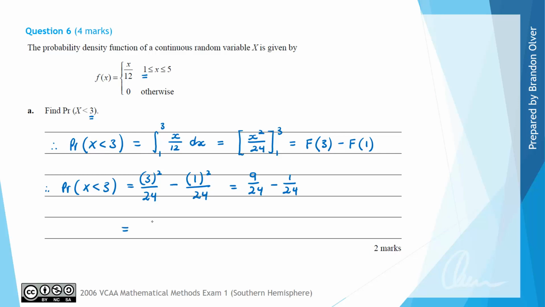That is equal to 8 over 24, and in simplest form, that is 1 divided by 3. So the probability that x is less than 3 is 1/3.